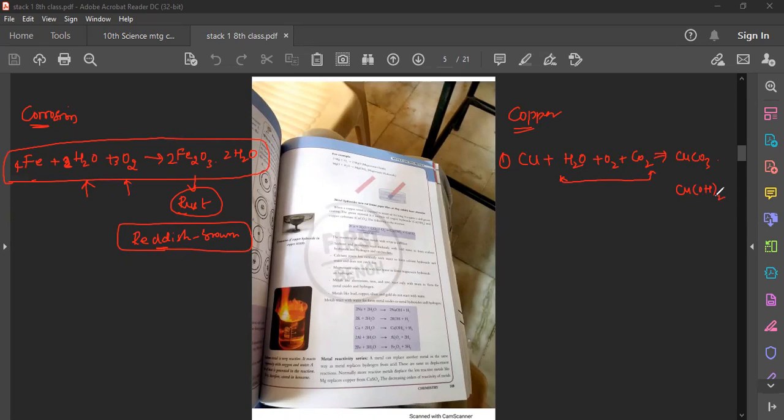This is what shows the green color coating on the copper. Understanding?